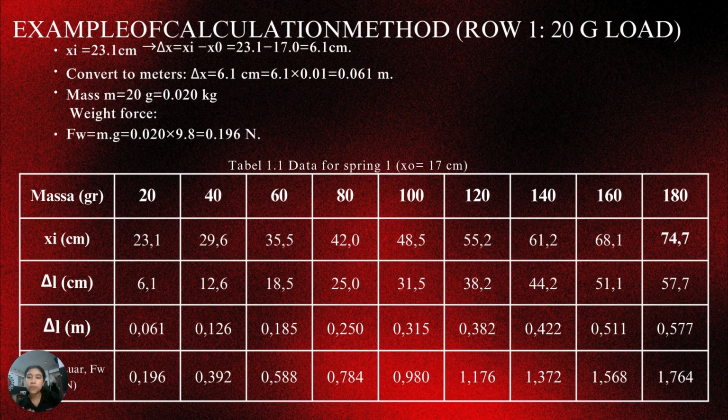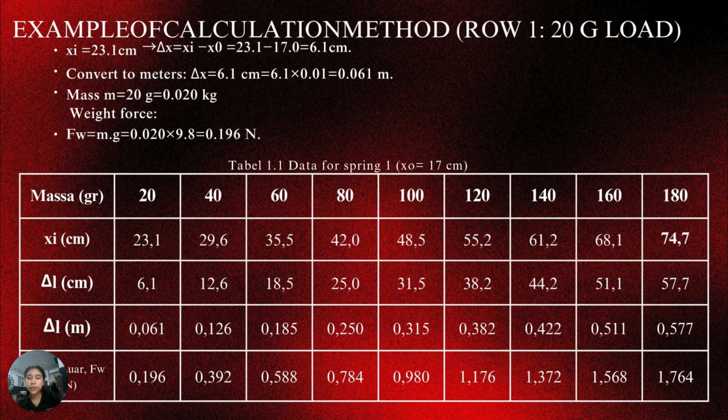Then to calculate the force applied to the spring, we use the formula F equals m times g, where g is acceleration due to gravity, equal to 9.8 meter per second squared. This means a load of 20 grams produces a force of 0.196 Newton.